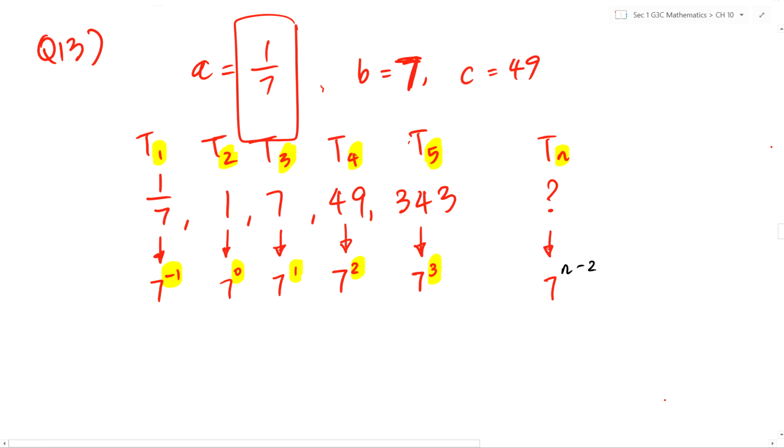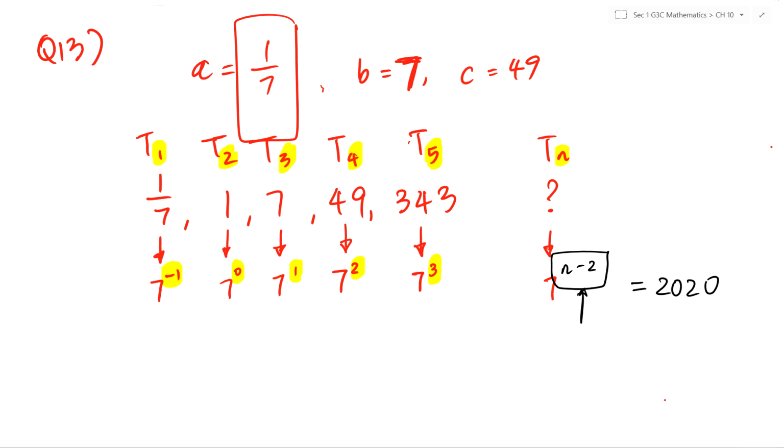Okay, now, if we let this be equal to 2020, then we are going to try and find the power. Our objective right now is to find a certain power for 7. 7 power something equal to 2020.